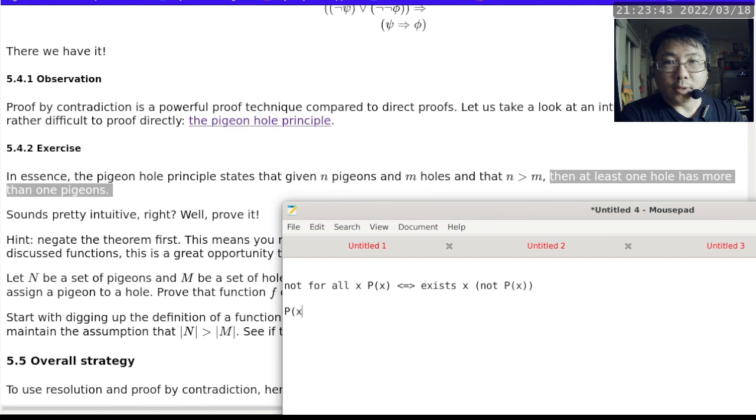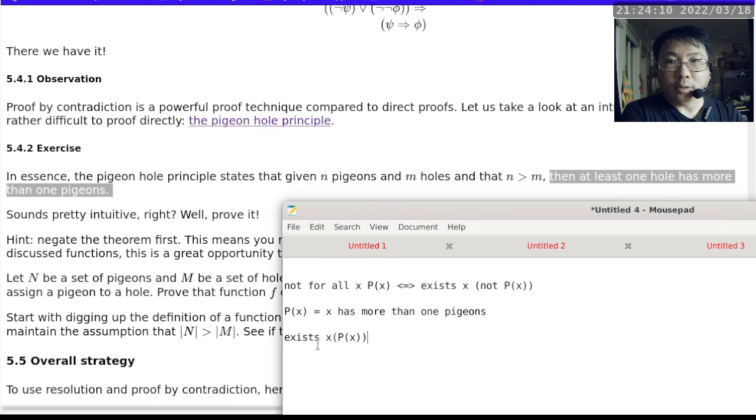So p of x is saying x has more than one pigeon. Alright, so this is our p of x, which means what we are doing here is going to represent the original theorem, because the original theorem is basically saying there exists x such that p of x.